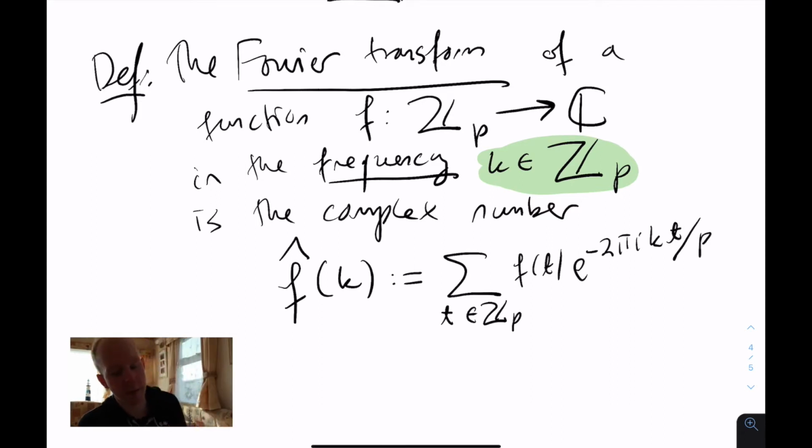So we have this kind of division over p to make it somehow normal. We will see later that this helps with the theoretical considerations.